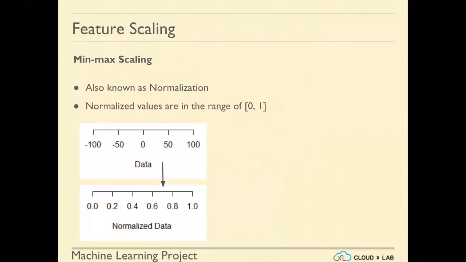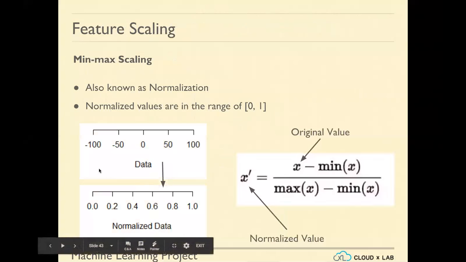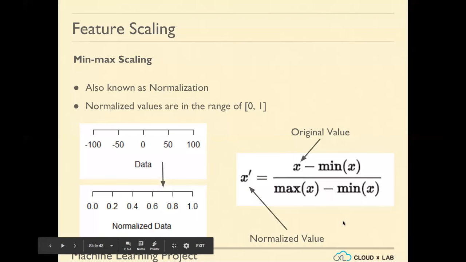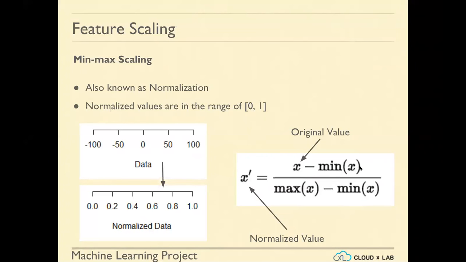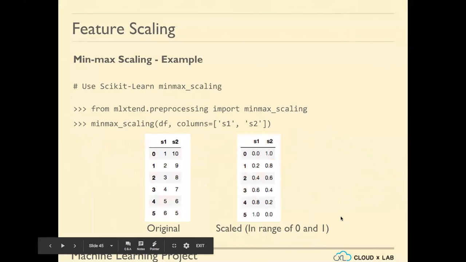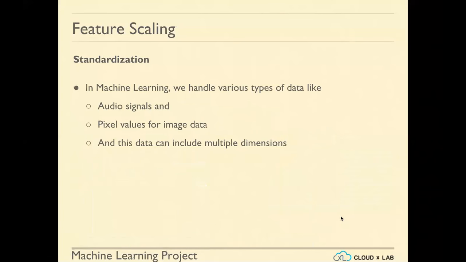Min-max means subtracting the minimum from each value and dividing by maximum minus minimum, the total range. So how far it is from the beginning, that distance we compute, and we divide by the overall distance. This is pretty simple. Now, the other one is standardization.